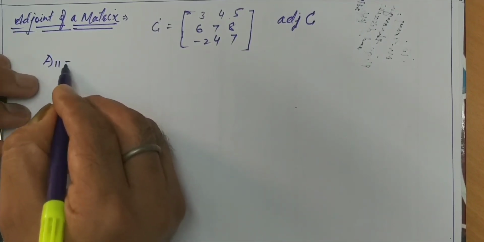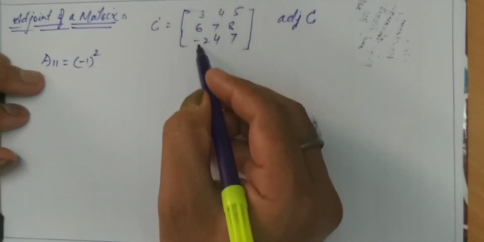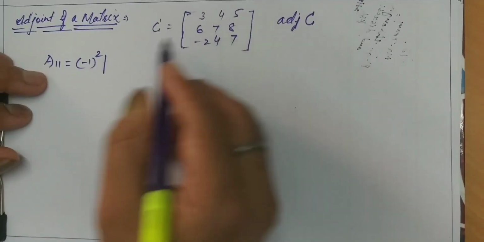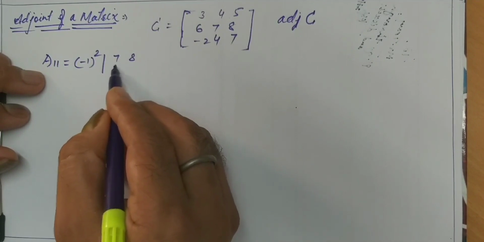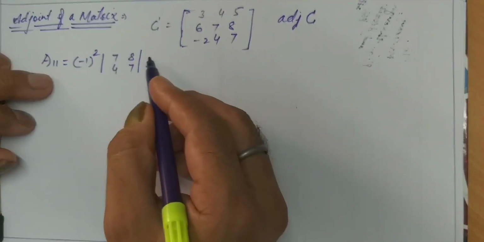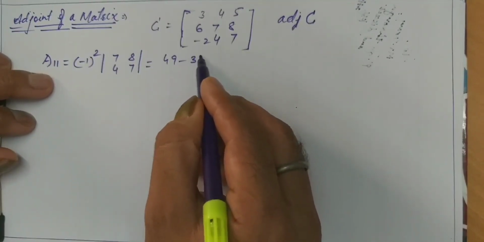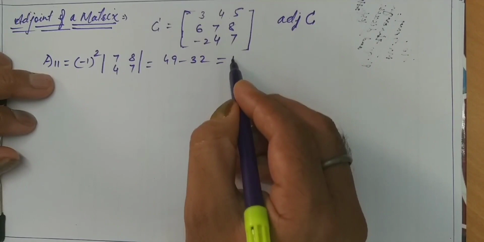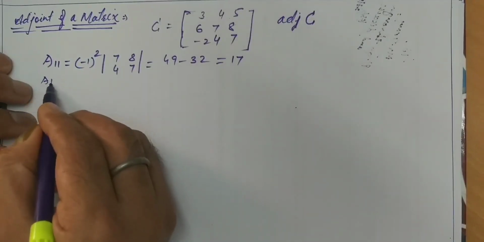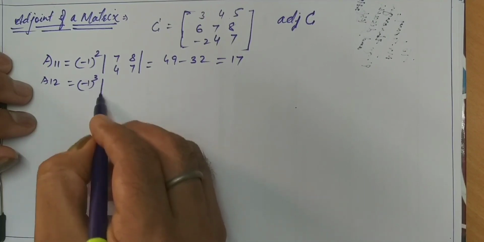So A11 is equal to minus 1 to the power 2, and then leaving this way, the determinant 7 8 4 7, which is equal to plus, 7 sevens are 49 minus 8 fours are 32, so 17. Then A12, which is equal to minus 1 to the power 1 plus 2, that is 3.